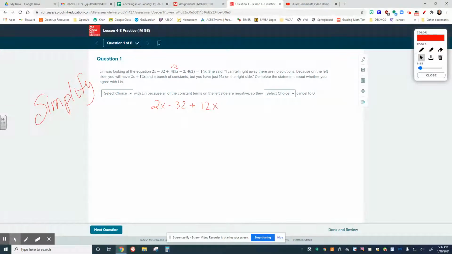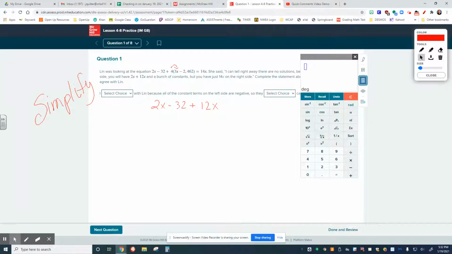And then 4 times 2,462 is 9,848. I know that that's a negative times a positive. So 9,848 is equal to 14 times x.